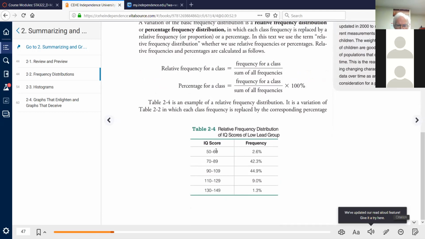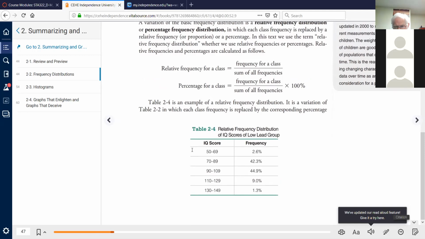That's my bias. Relative frequency distribution merely is what is the percentage of the total. If we go back to those low lead data, there were 71, I think, total students. So what you do is you divide the number of people in the group in your cohort here, your level, by the total.